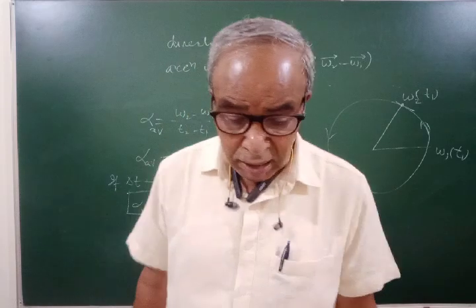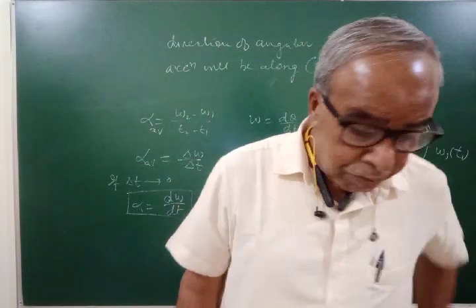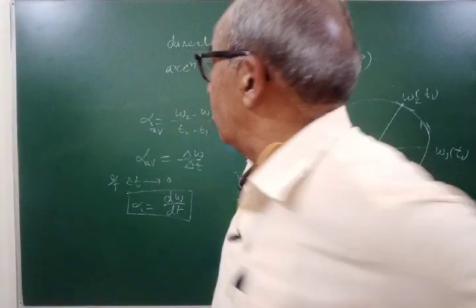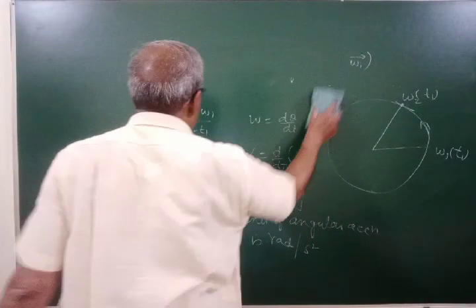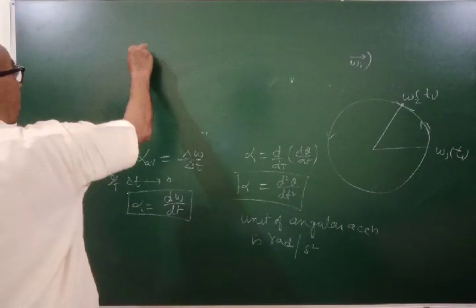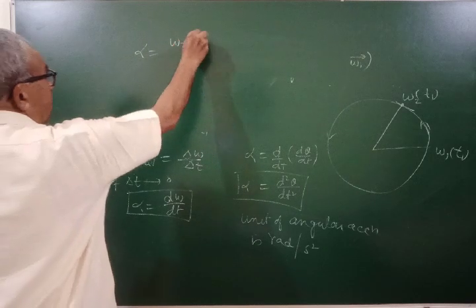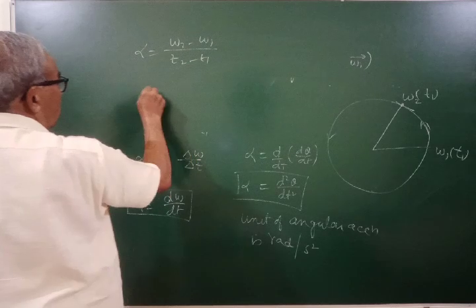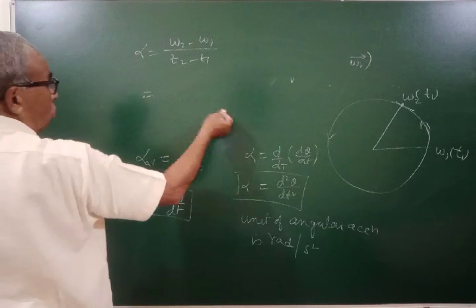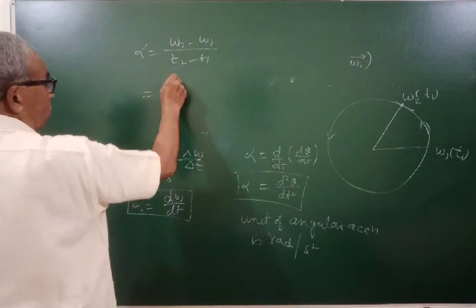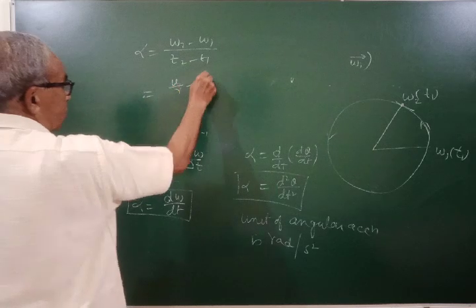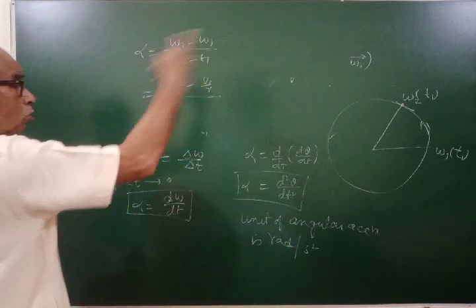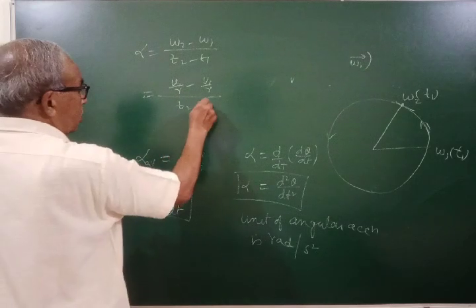There is a relation between linear acceleration and angular acceleration. You know here alpha is equal to omega 2 minus omega 1 upon t2 minus t1, or v2 upon r minus v1 upon r, because r is the same, because the body moves on a circular path, so the radius does not change.